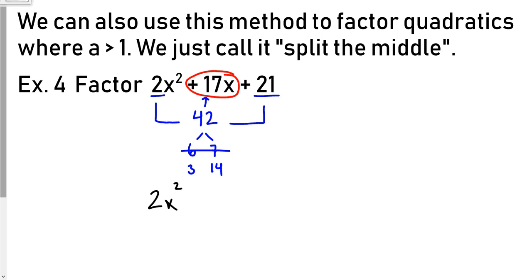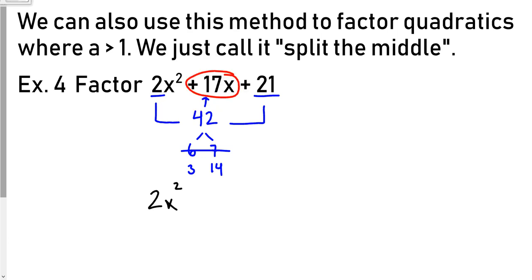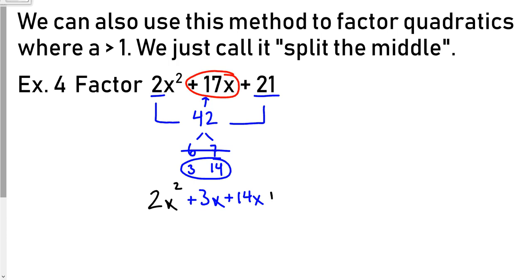But instead of writing plus 17x, I'm going to write plus 3x plus 14x. That came from the 3 and the 14, the factors of 42 that add up to 17. Then I'm also going to include the plus 21.